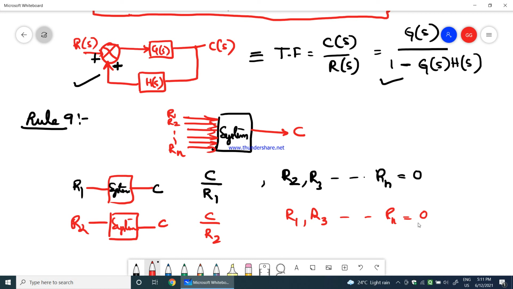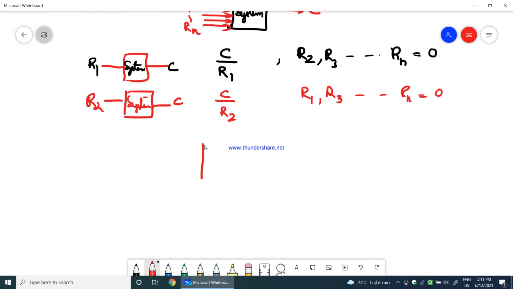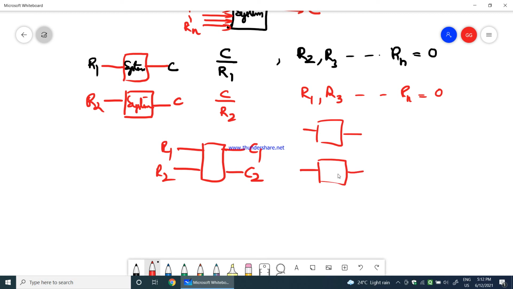Okay. Now if you have two inputs and two outputs, what will we do? Think we have two inputs R1, R2, and two outputs C1, C2 for any system. In this case, you find out R1, C1 and R1, C2. You take R1 with the output C1, and R1 with the output C2.